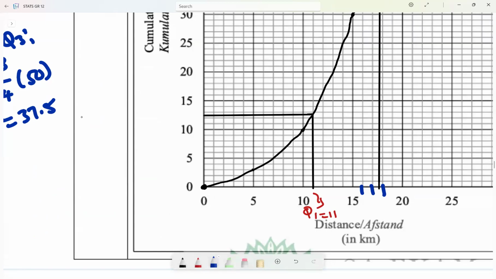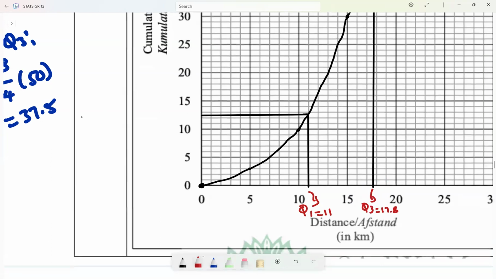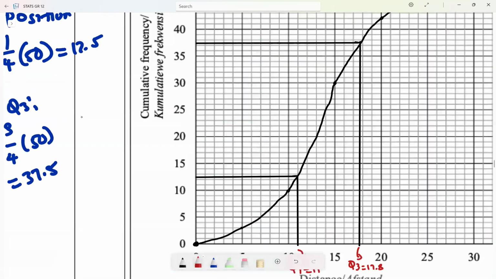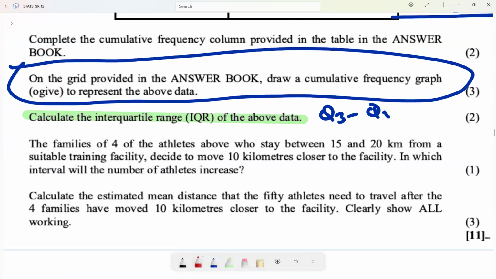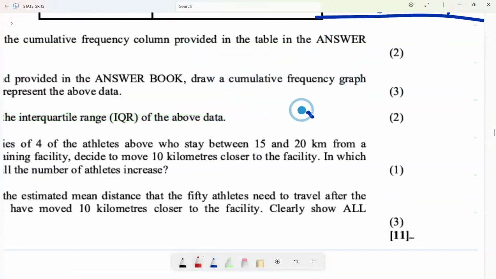Almost 18, but not necessarily 18. 17.8 maybe. So I'm going to say my quartile 3 is 17.8. And then I can now calculate my interquartile range. My interquartile range is going to be my quartile 3, which is 17.8, minus 11, which is 6.8. Okay, 6.8.